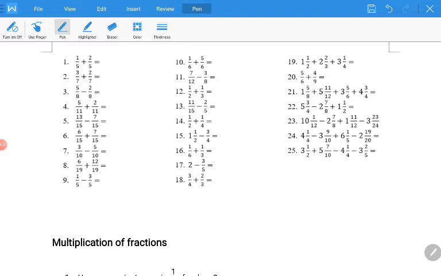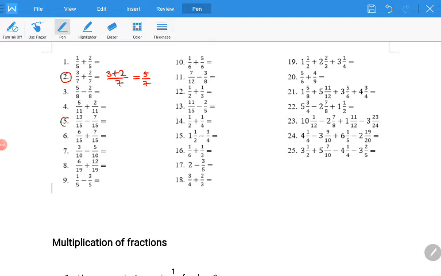For example, if we look at question number 2, 3 over 7 plus 2 over 7 is just 3 plus 2 all over 7, which gives us 5 over 7.